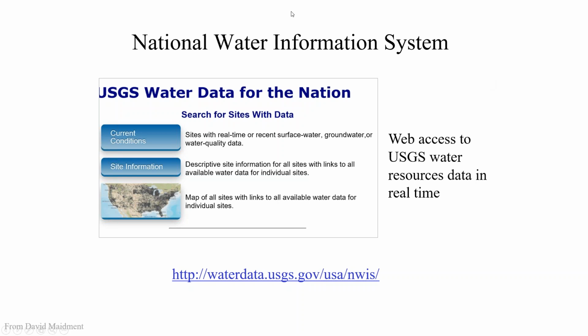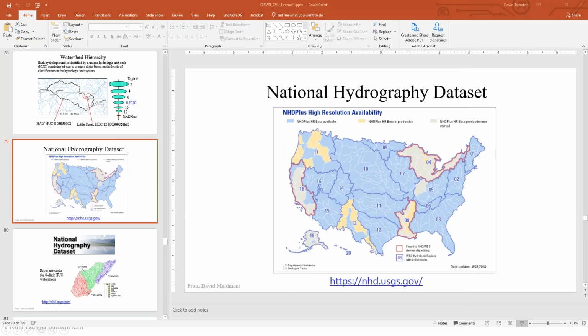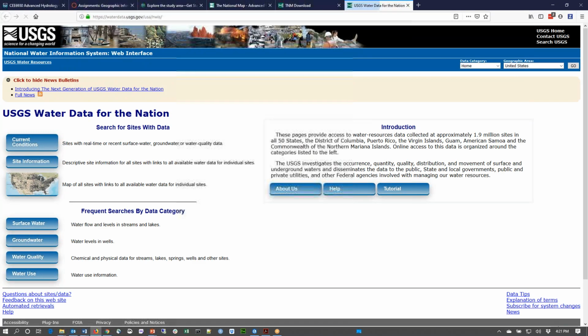So then there is the National Water Information System. So this is now getting data that's not only geospatially located, but it's also time series. So this little map here, which I expanded with trepidation, since last time I followed a link, it bogged down.